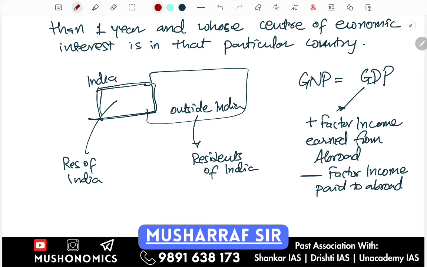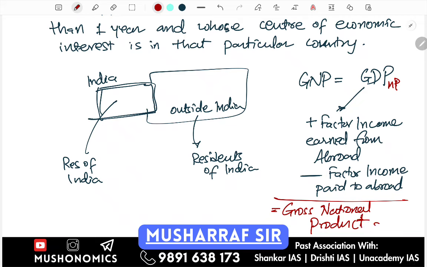We will be getting gross national product. And if it is at market price, then here also it will be at market price only. So the GNP that we have got now is gross national product at market price, right?